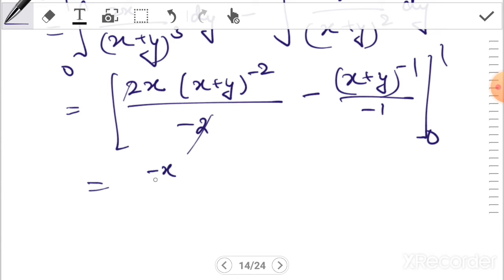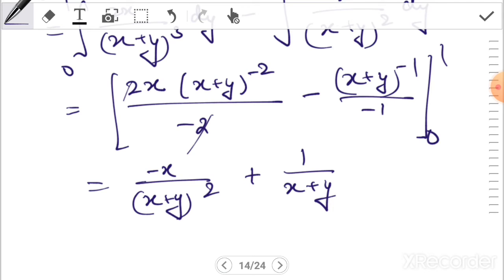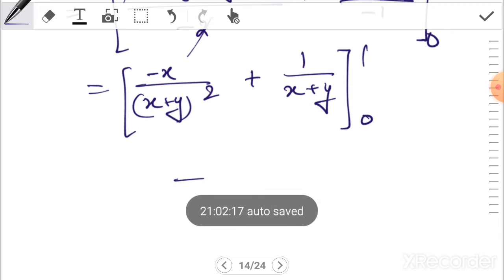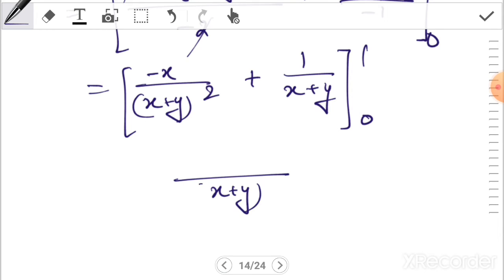So minus x by x plus y whole square plus 1 by x plus y. Okay, 0 to 1. Again simplify this. So x plus y whole square in the denominator, so minus x plus y.